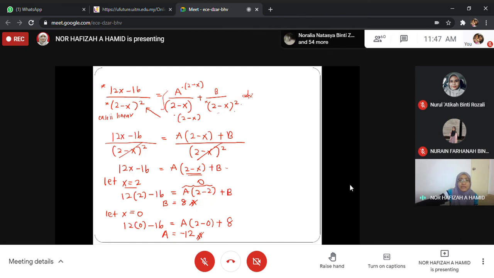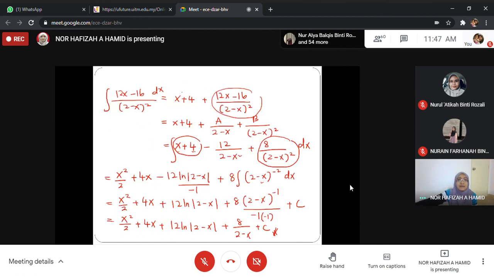Dia dah terlupa dah yang dia buat long division tadi. So you kena balik kalau improper, you kena ambil balik yang polynomial tu bila nak integrate. Bila integrate baru you kena ambil balik lah. You kena integrate dengan dia sekali. Baru you combine dengan yang partial tu. Okay? Boleh? Boleh madam, thank you.